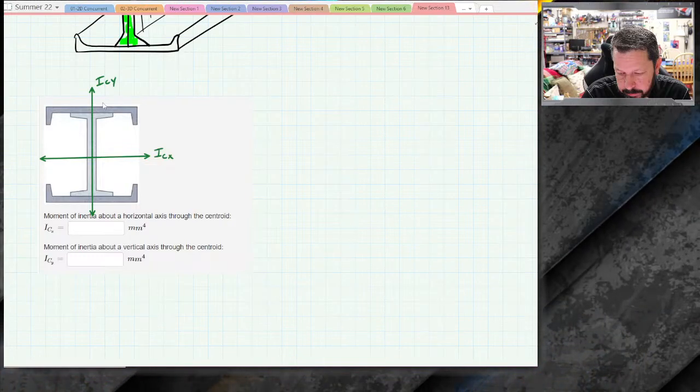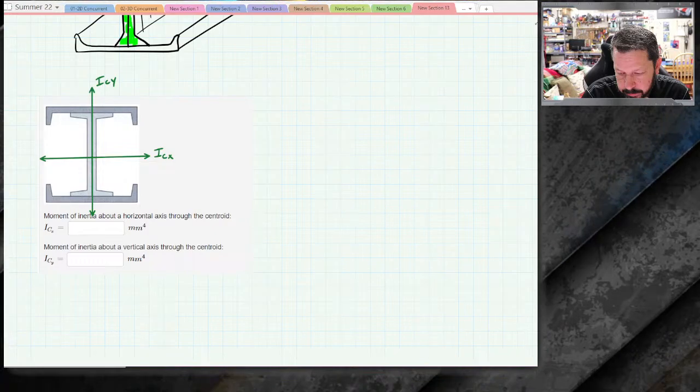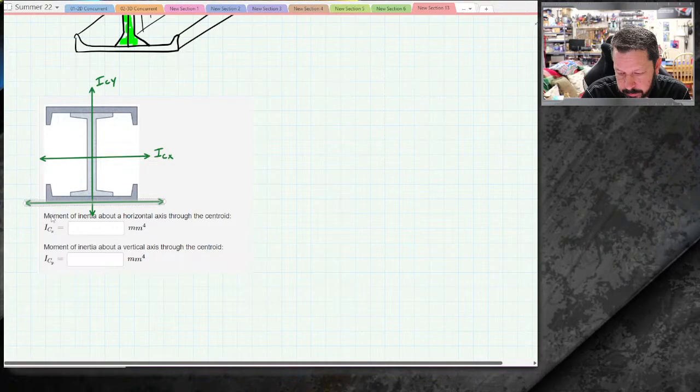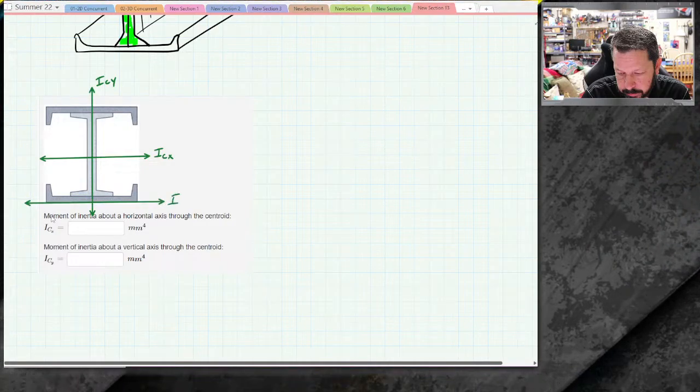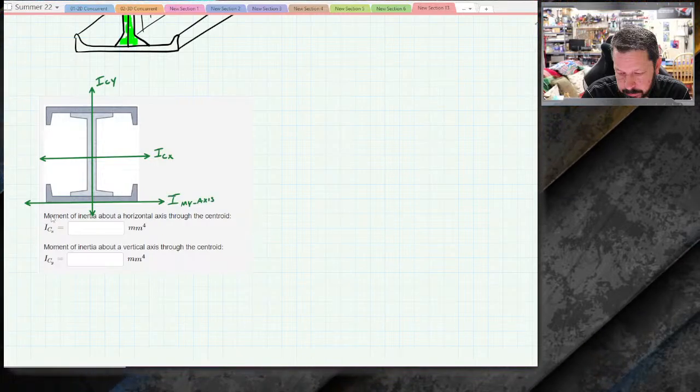Speaking of that, on the exam, I can give you any axis on here and say, calculate the moment of inertia about this axis. I'll just call it my axis. You can calculate the moment of inertia.